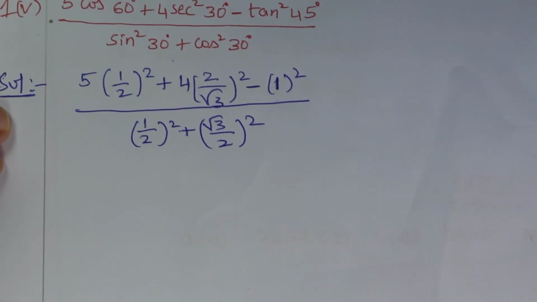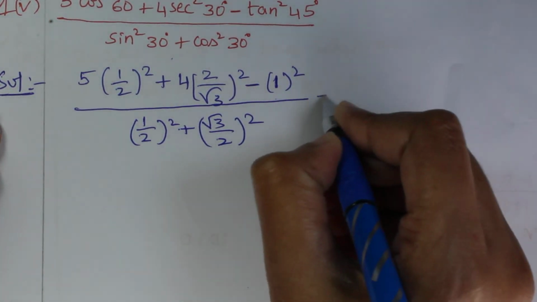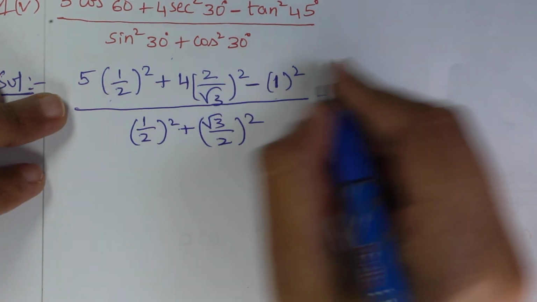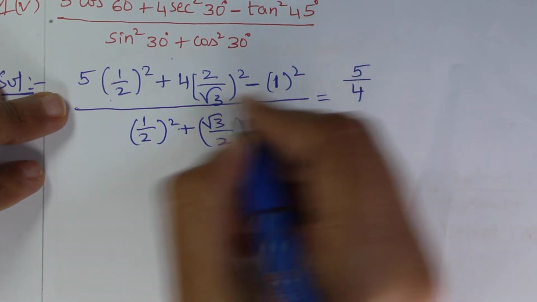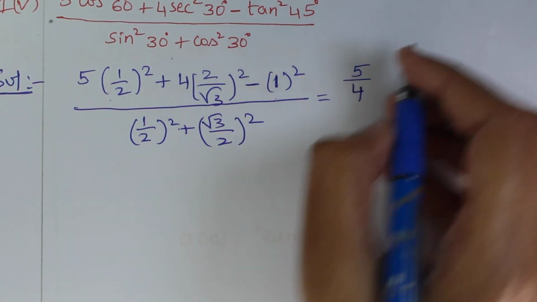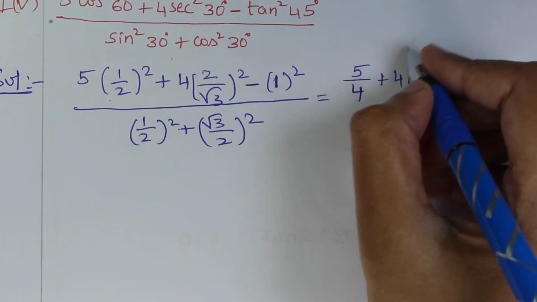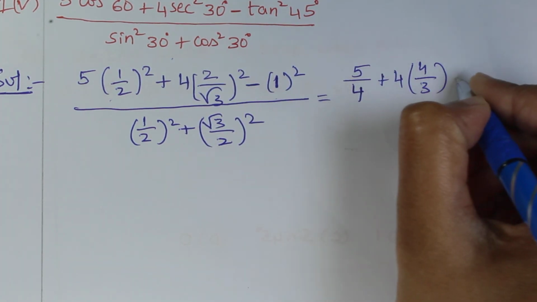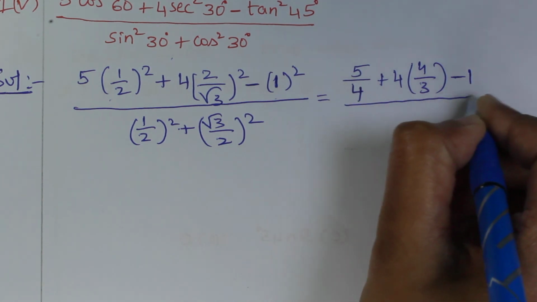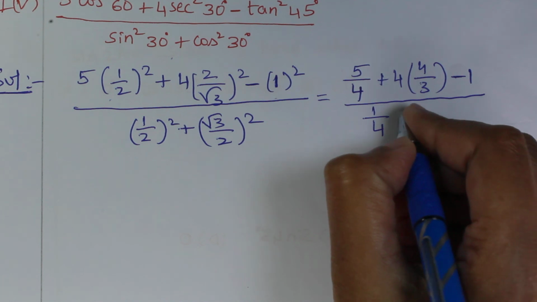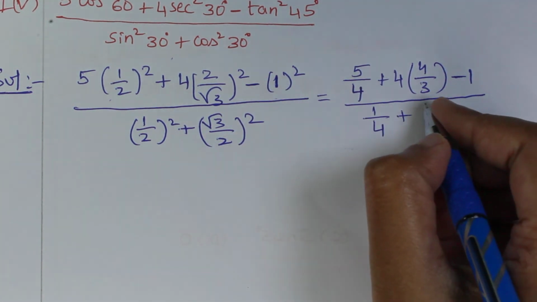Okay, now this becomes 5 into 1 by 4, that is 5 by 4, plus 2 by root 3 whole square becomes plus 4 into 4 by 3, minus 1, divided by 1 by 4 plus 3 by 4.